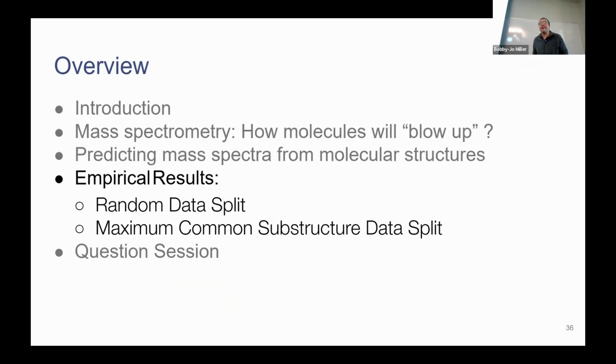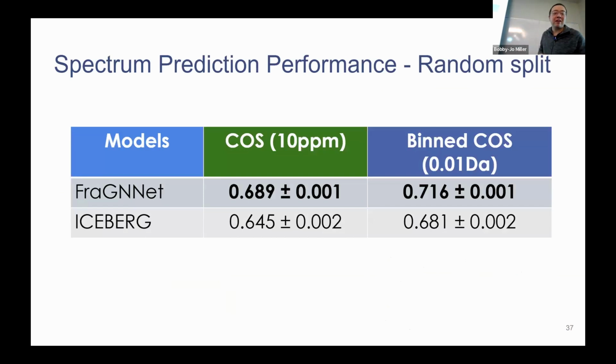Okay, normally we would say we're going to do some kind of evaluation here. We just showed a predicted example, so now we're going to show a more meaningful measurement of the performance. First, we do what every machine learning researcher is most likely to do: a random data split.